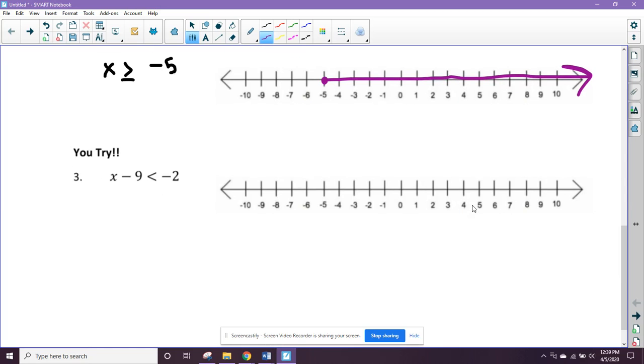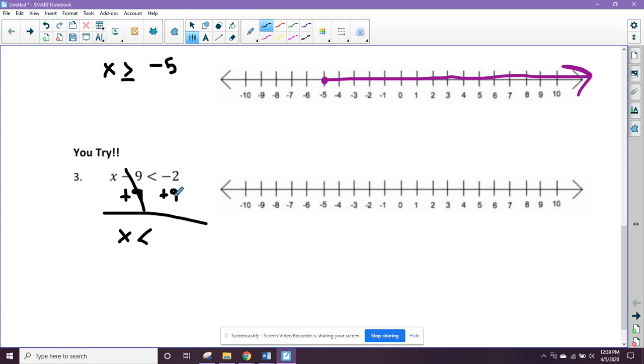Let's look at number 3 now. How do we get x by itself? We have to do the opposite, so we have to add 9 to both sides. Cancels out, so we get x. We bring down our inequality symbol, less than.